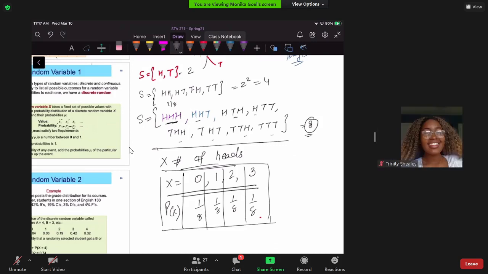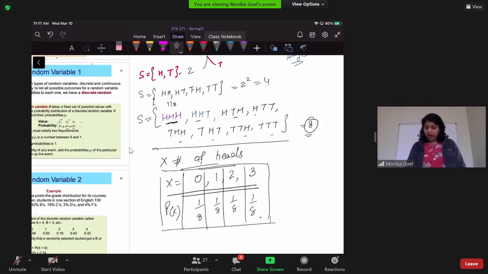No. And again, why not? Because each outcome has 1 out of 8 chance. But I cannot just say that 0 is 1/8, so 1 is also 1/8. I need to see how many possible outcomes in my sample space have only 1 head.